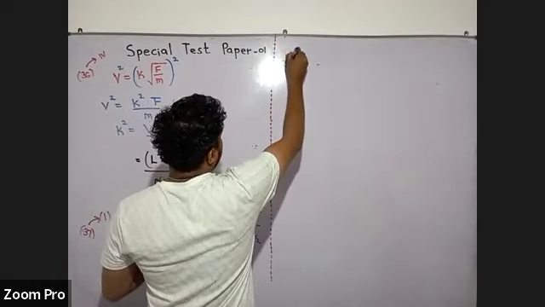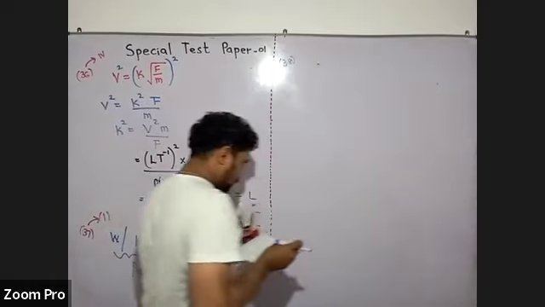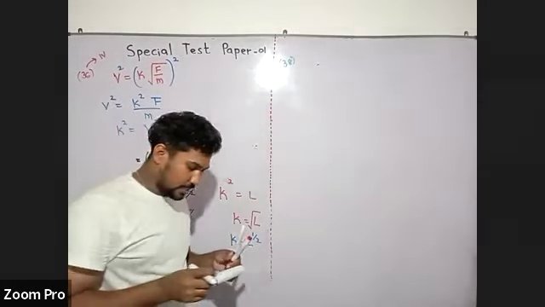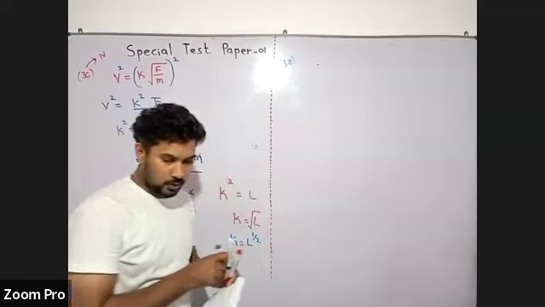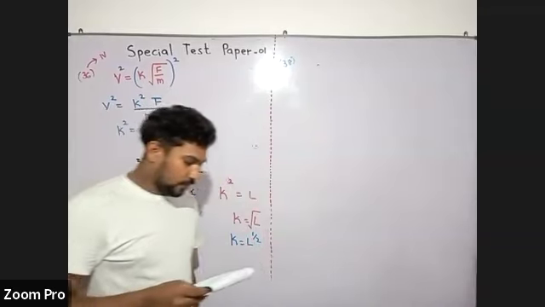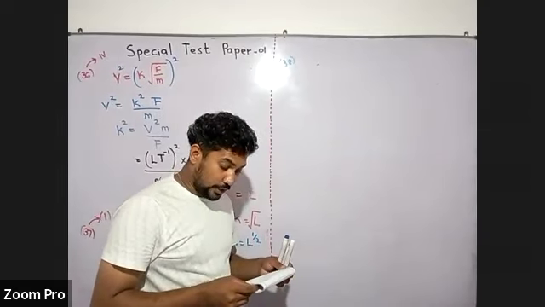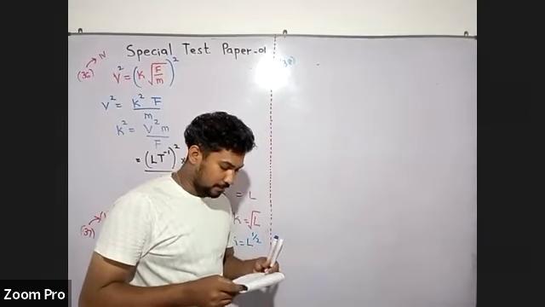In the 38th question, when sound waves of frequency F and amplitude A travel through a medium of density rho, the following statement can be correct for the energy contained in unit volume of the medium, right?